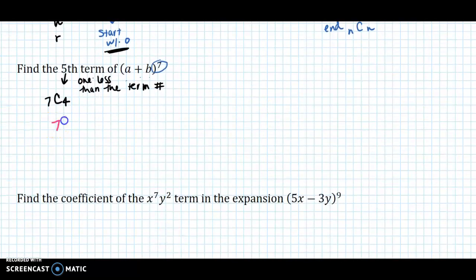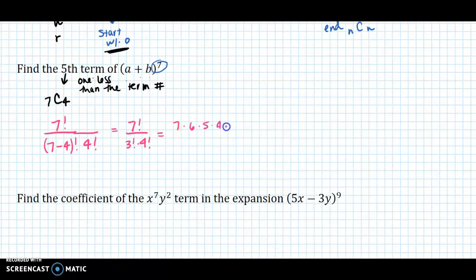So 7 choose 4 is 7 exclamation point over 7 minus 4 exclamation point times 4 exclamation point, which is 7 exclamation point over 3 exclamation point times 4 exclamation point, and then 7 times 6 times 5 times 4 times 3 times 2 times 1. We technically don't have to write the 1.